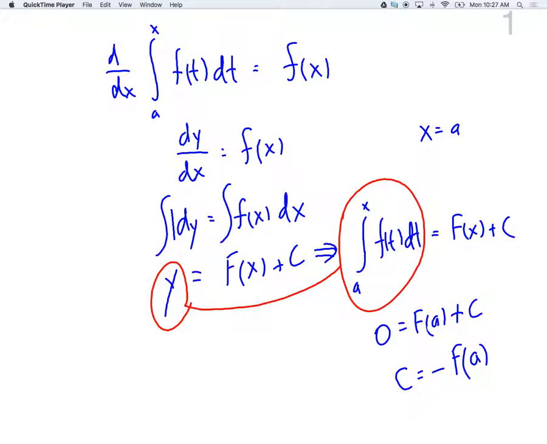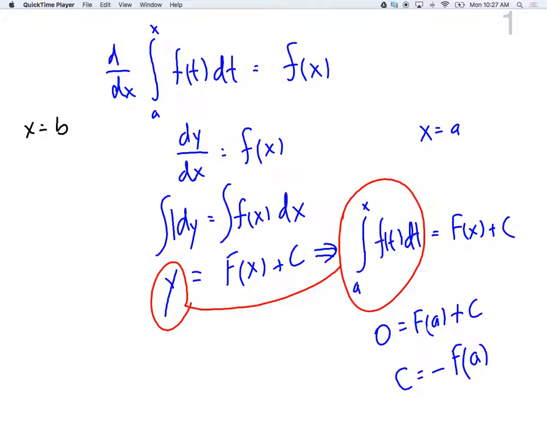How are we doing so far? We are actually getting to a point in a second. Got it? Okay, now let's do it again. I'm going to change colors here. Now let's make x equal to b, just to change things up a little bit.